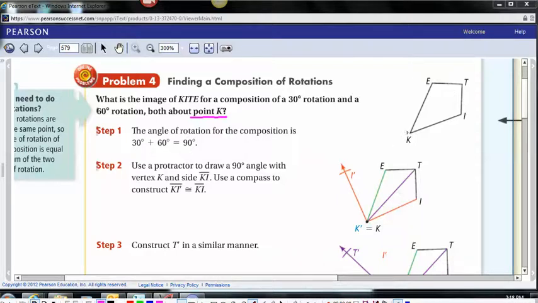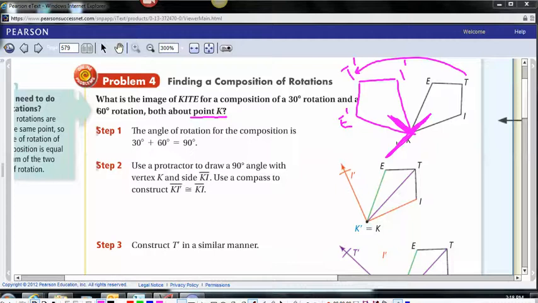So can you picture this shape orbiting around K? All right. And if you read through the problem and you look at the examples, they do it step by step. But wouldn't this thing kind of look like that? After it rotated, how many degrees do you think this would be? 90, wouldn't it? Doesn't that look like about a 90-degree angle? Okay.